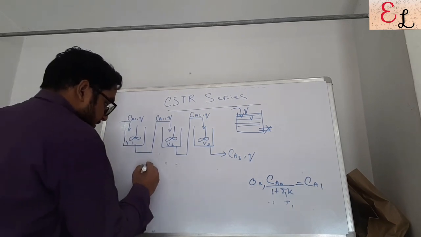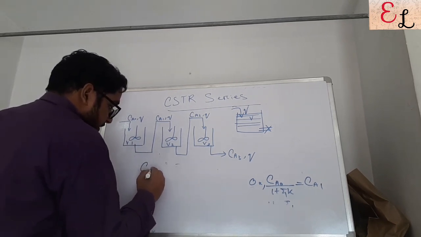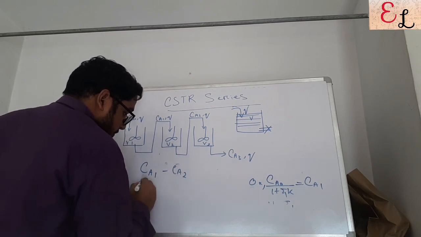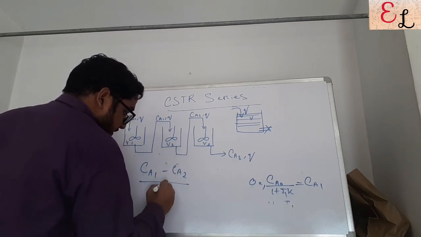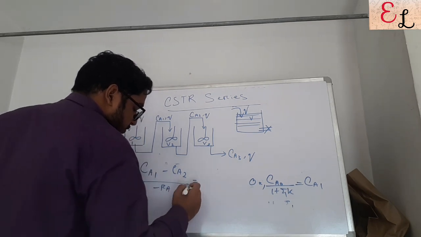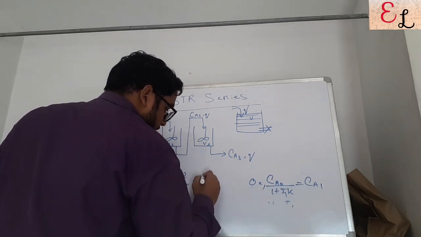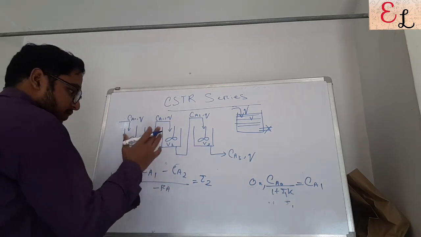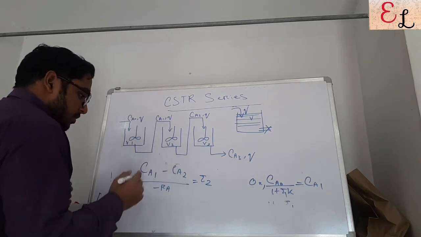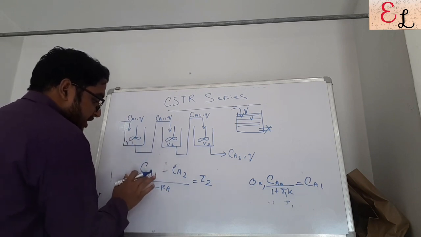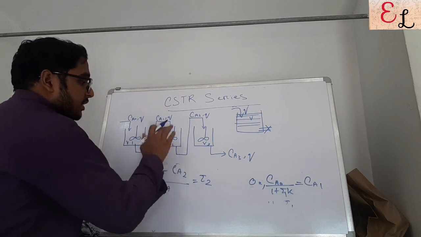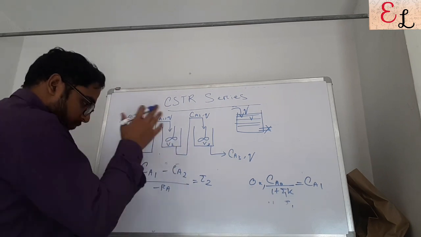That is CA1 minus CA2 by minus RA equals tau 2. This is similar to the first reactor, but only the inlet concentration changes from CA0 to CA1 and the residence time changes to tau 2 for volume V2 of the CSTR.